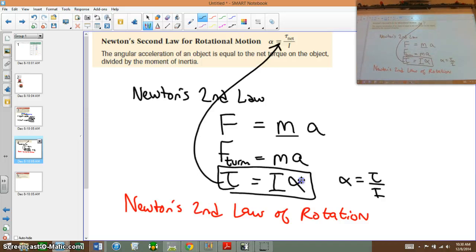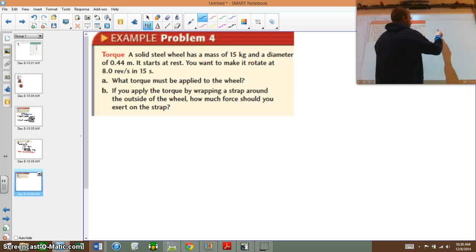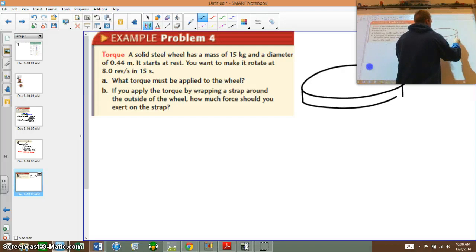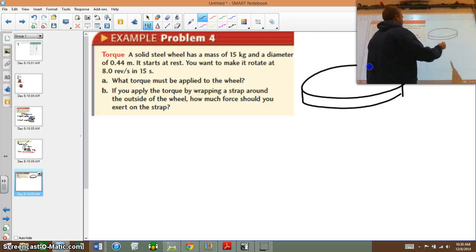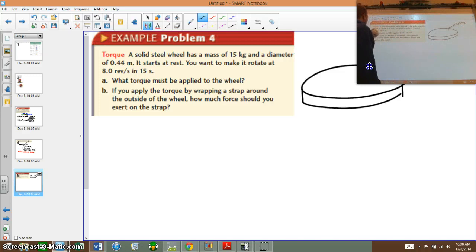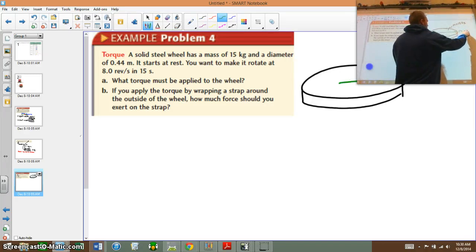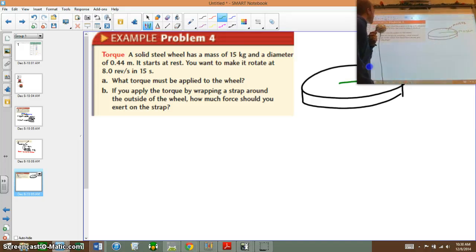So here's an example problem of that. A solid steel wheel. So I'm going to draw myself a solid steel wheel here. It has a mass of 0.115 kilograms and a diameter of 0.44, so it's got a radius of 0.22. It starts from rest.